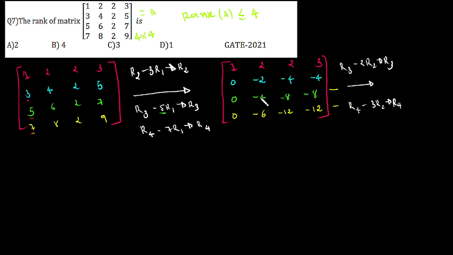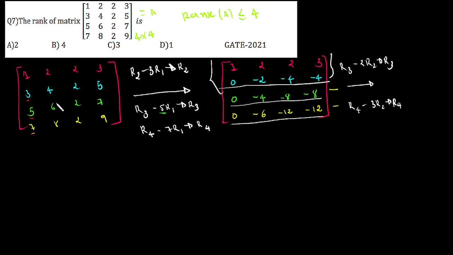So simply you reduce these two rows to 0 0, because those two rows are linearly dependent on the second one. So we can say the rank of this matrix is 2, because we are getting two non-zero rows, this first row and this second row, or in other words we can say the matrix has two linearly independent rows.